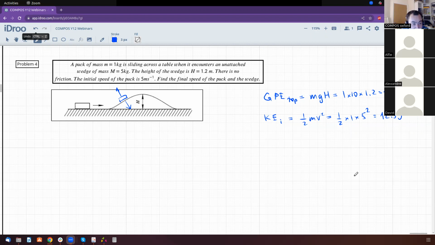But we can't really do that just from the data that we have.